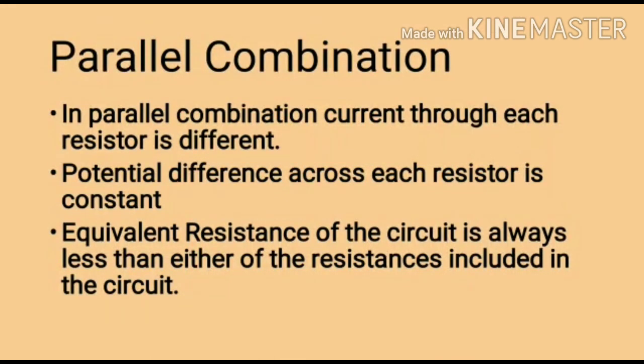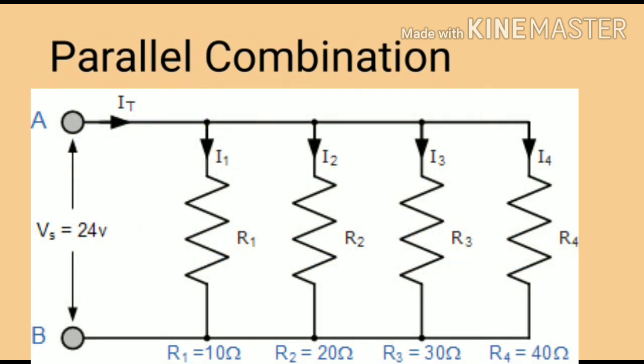Now, let us go for parallel combination of resistors. Two or more resistors are said to be connected in parallel when one end of each resistor is connected to one end of voltage source and other end of each resistor is connected to the other end of the voltage source.